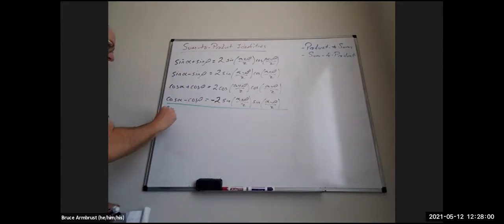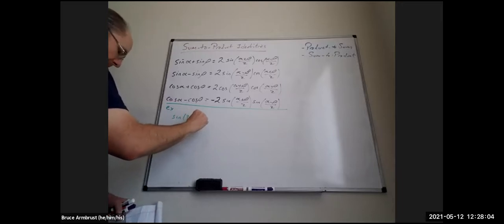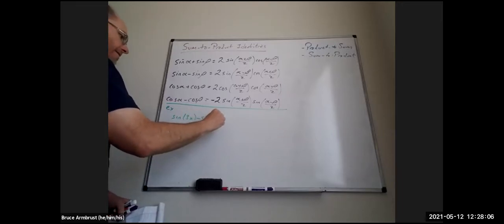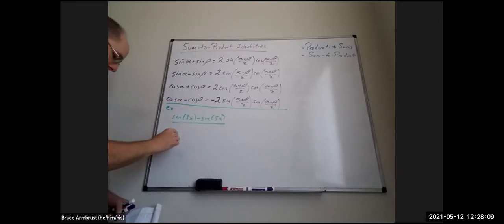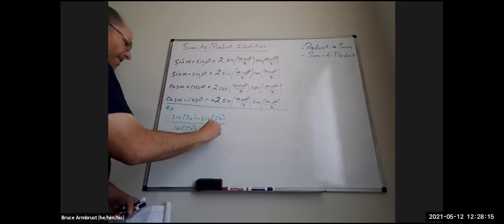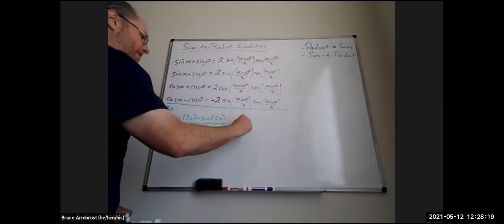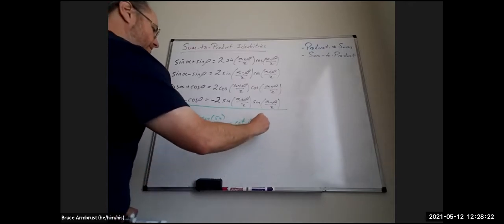Let's say we've got sine of 3x minus sine of 5x, divided by cosine of 5x minus cosine of 3x, and that equals cotangent of 4x.